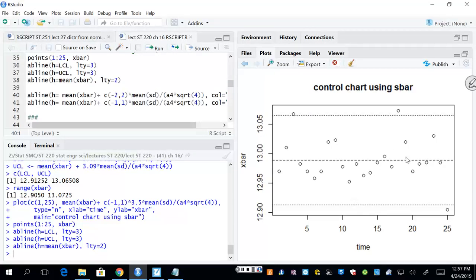Right? Does this process, what do we conclude about this process? If we thought this process was in control and we've computed all these things, it looks like a couple, 3 of them look like they're greater than or less than those cutoffs.